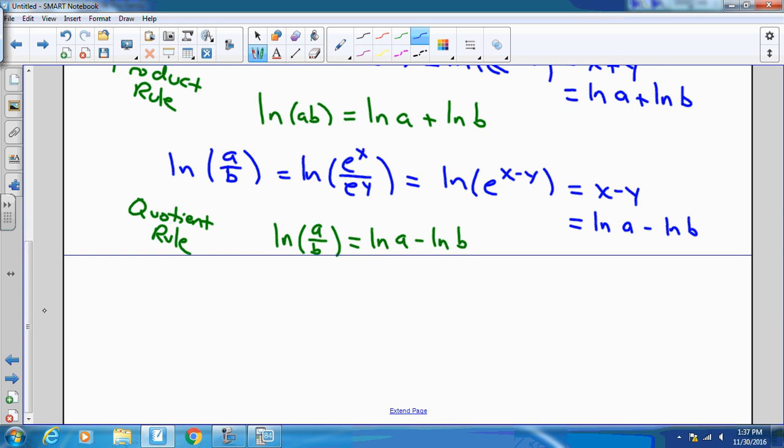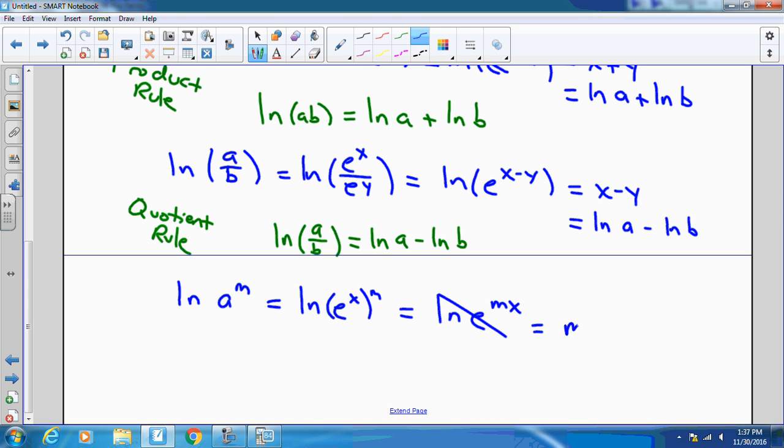And finally, if I take the log of A to some power, now here I'm going to let m be any power, it doesn't necessarily have to be B, right? Then I can rewrite this as the natural log of e to the x to the m power, which is the same as the log of e to the xm.